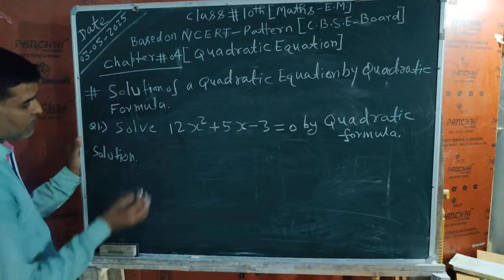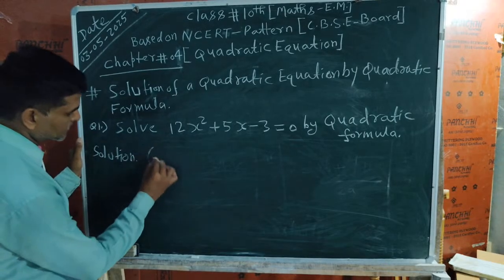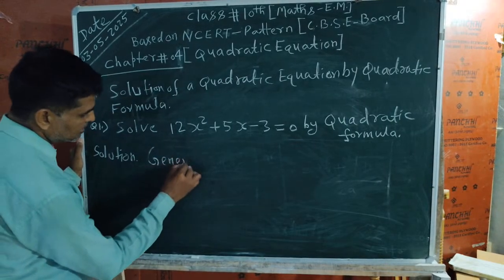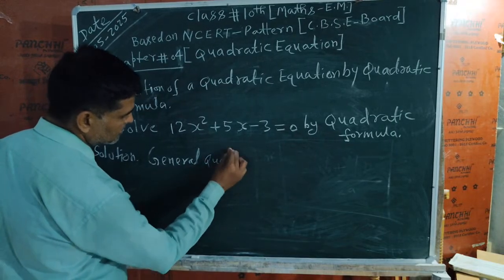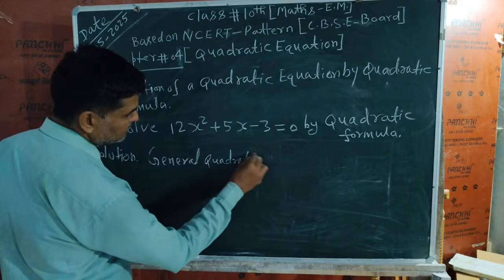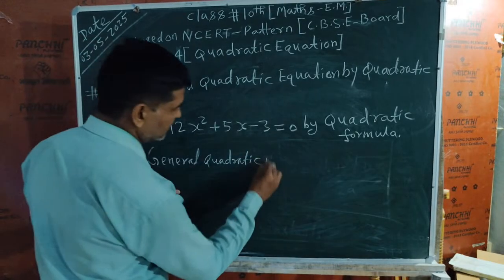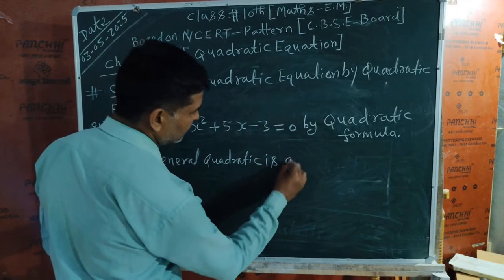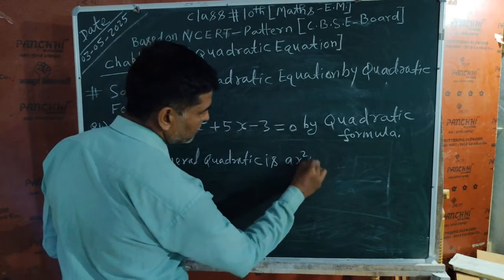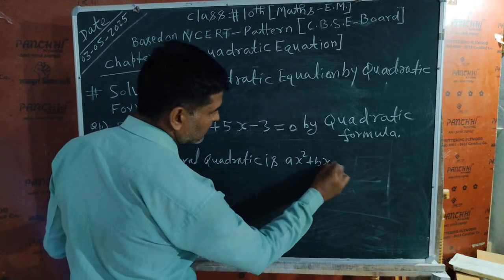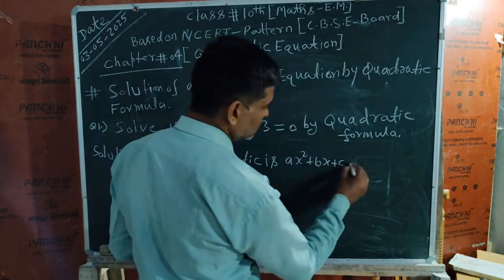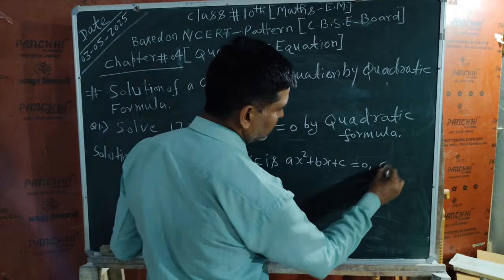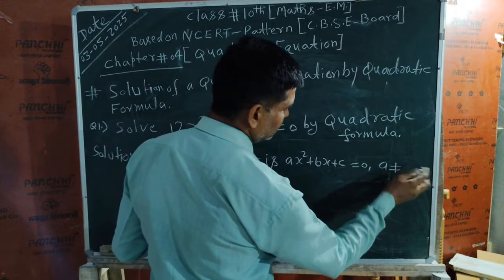Solution means I will write here the general quadratic equation, ax square plus bx plus c, which is equal to 0. And the condition here is a cannot be 0.